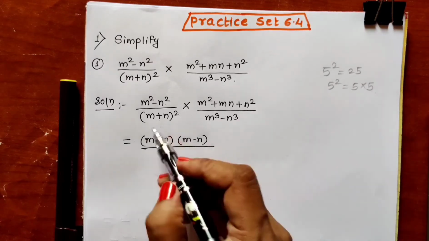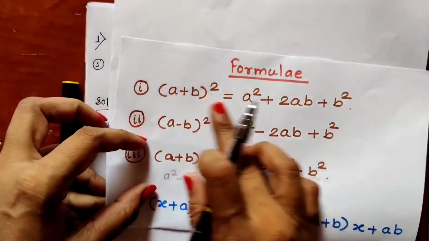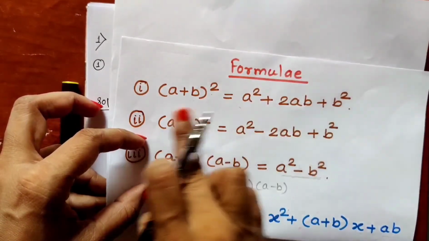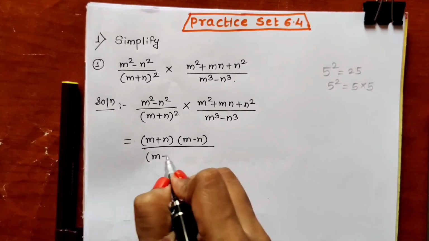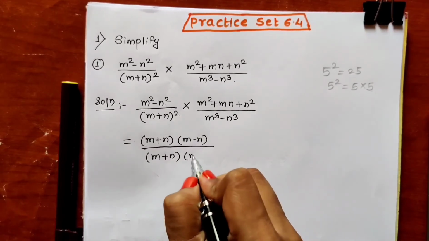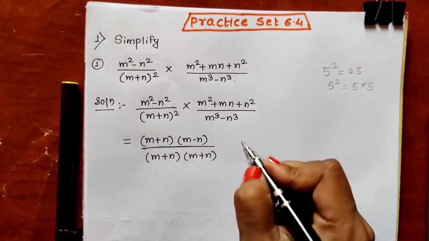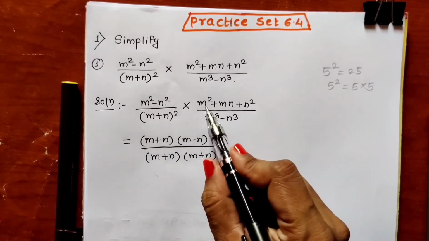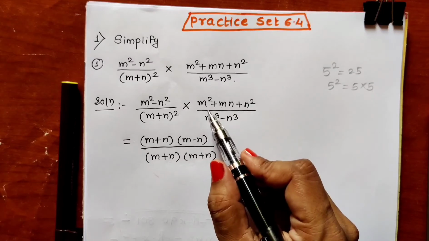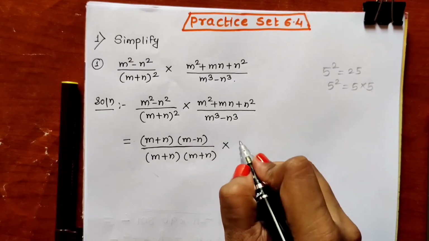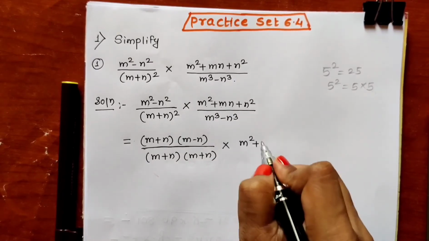So instead of applying the formula of a plus b whole square, I am not going to apply this formula here. I will be writing the bracket 2 times, m plus n into m plus n, multiplied by. Now see children, here a trinomial is there, but instead of factorizing this trinomial, I am going to write this trinomial as it is.